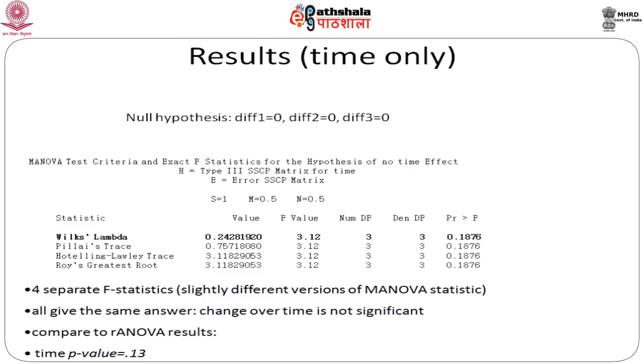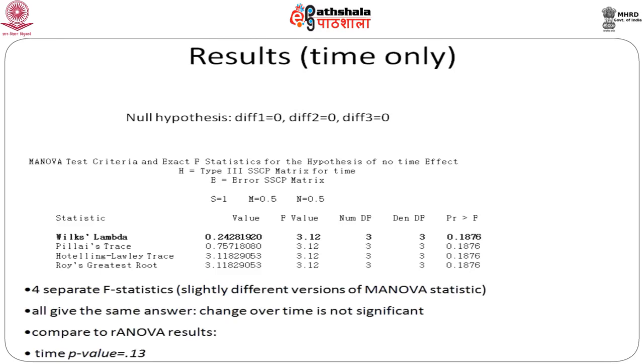So based on this, we want to apply the R MANOVA, and the objective is that if you want to test that difference 1, difference 2, difference 3 are 0, it indicates that essentially over the baseline there is no change in the response pattern over different time points 2, 3 and 4. If the null hypothesis is accepted, it means there is virtually no difference between different time points.